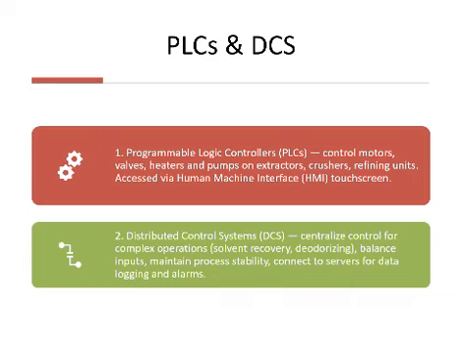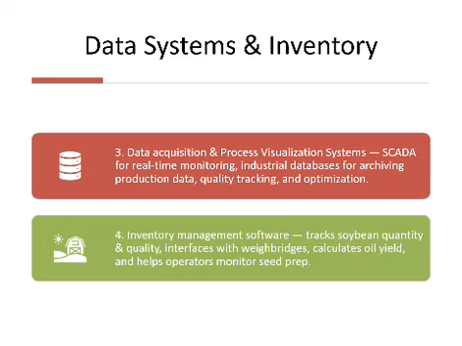And we also have the distributed control systems, which centralize control for complex operations, balance inputs, etc. We have the data systems and inventory, where there are data acquisition and process visualization systems for real-time monitoring, and industrial databases for archiving production data, quality tracking and optimization. The inventory management software tracks soybean quantity and quality, interfaces with weigh bridges, calculates oil yield and helps operators monitor seed prep.